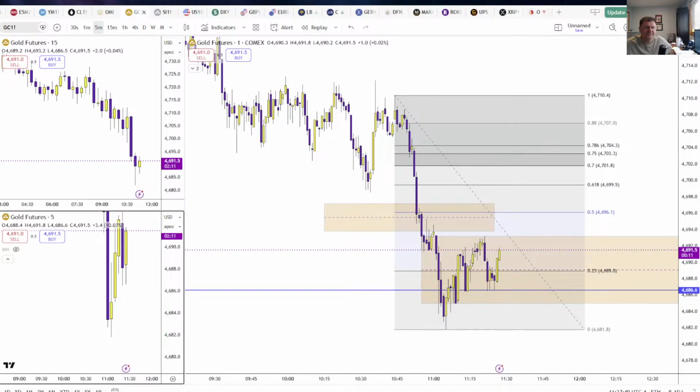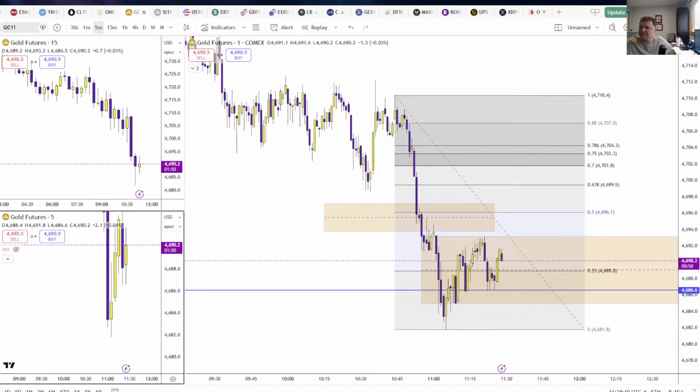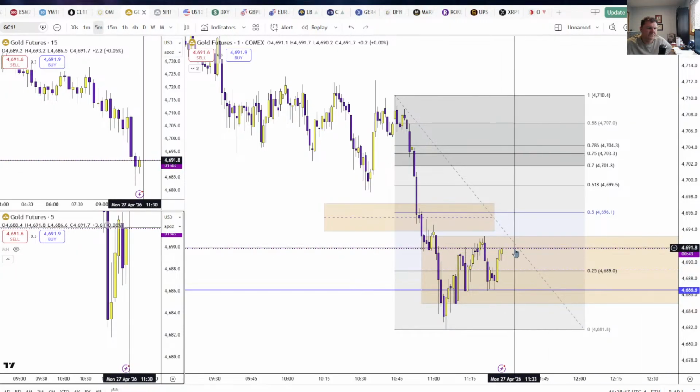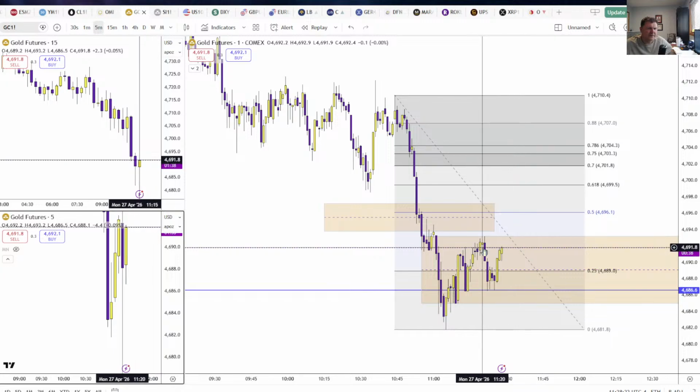That's a full fill of that SIBI now. Full fill.